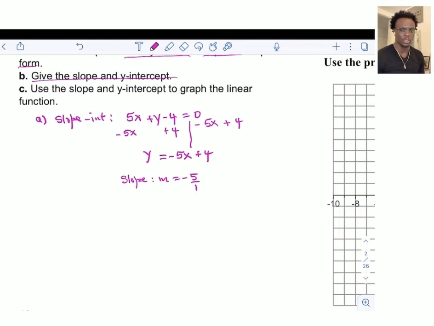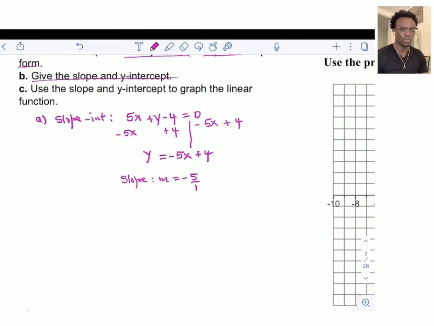The bottom value is how much you go sideways, and the top value is how much you go up or down. Positive goes up, negative goes down. For the bottom number, if it's positive, you go right, and if it's negative, you go left. Sometimes students ask me about a negative sign right in front of the fraction. You decide where you want it to be.